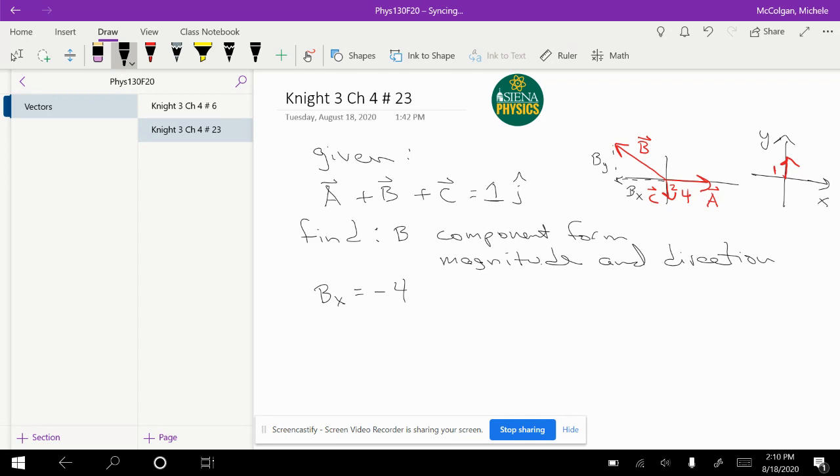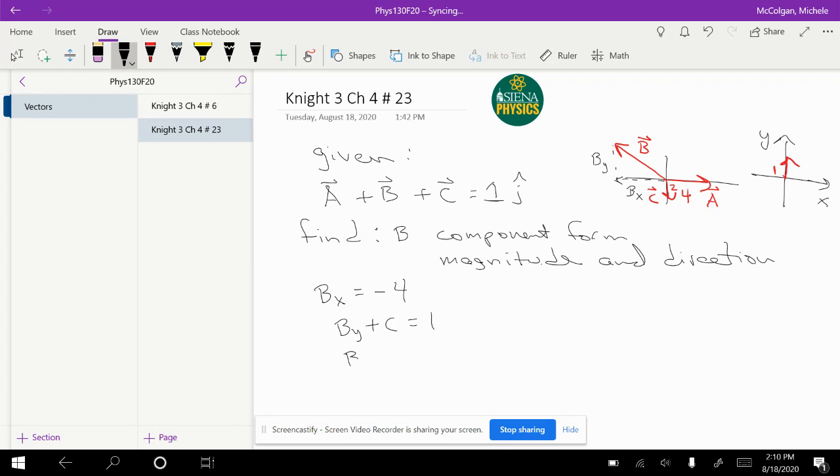But what about By? When I add them up, By plus C, because C is the only other vector that has a y component, has to equal 1. Well, if C is -2, then By must equal +3.